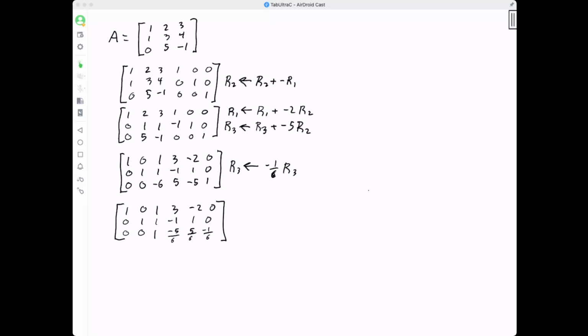And now I have to zero everything out above the 1 in the third row. So I'm going to replace row 1 with row 1 plus a negative row 3. And I'm going to replace row 2 with row 2 plus a negative row 3.